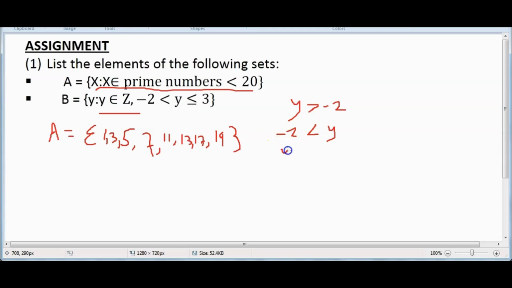What of this? This means Y is less than 3. The other sign, with the equality line, means less than or equal to.